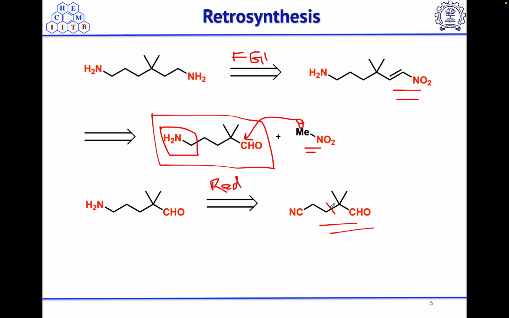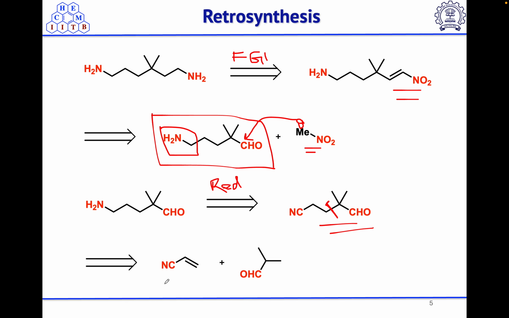So we can disconnect this CC, okay? So this alpha to aldehyde. So generation of alpha carbon next to aldehyde is easy. Also generation of beta positive charge next to carbon cyanide is also easy, okay?